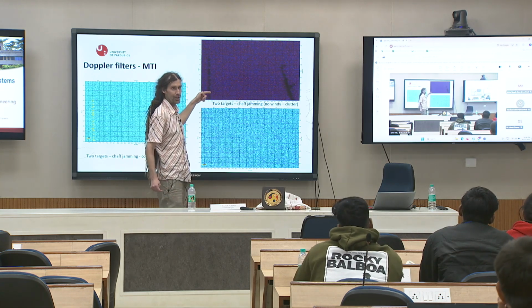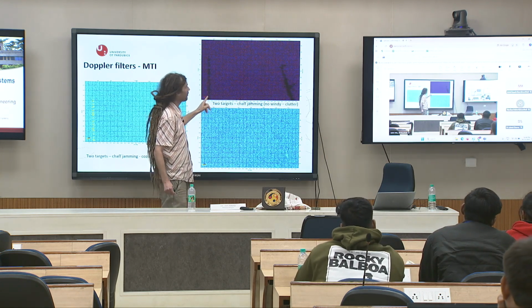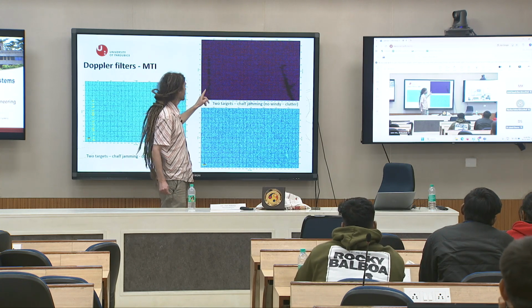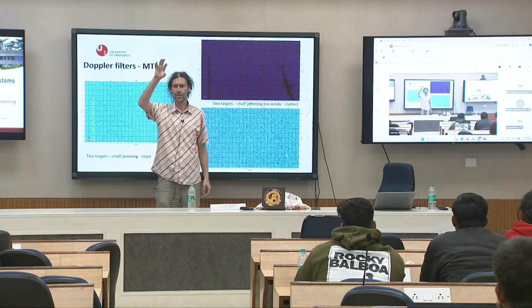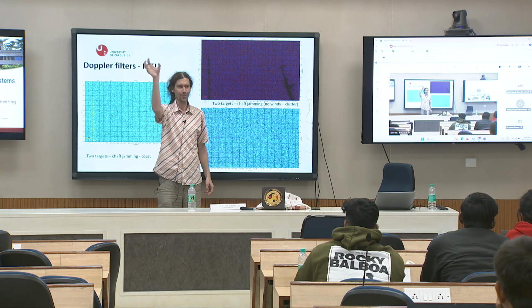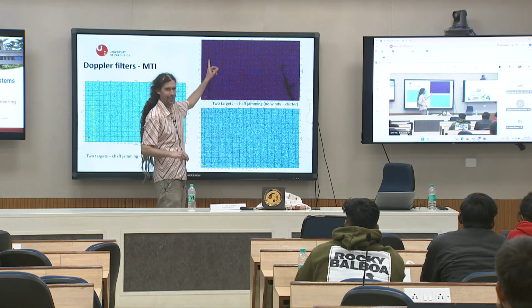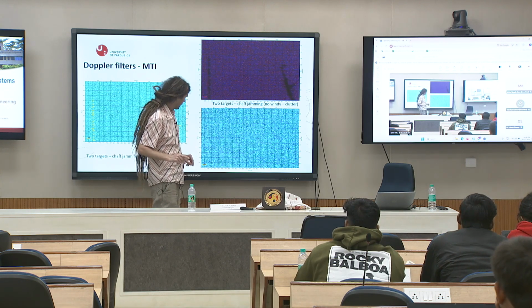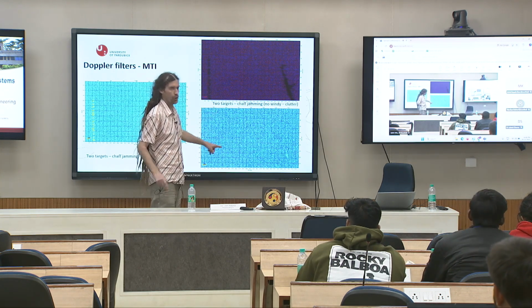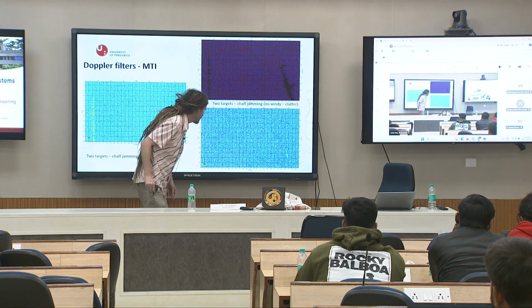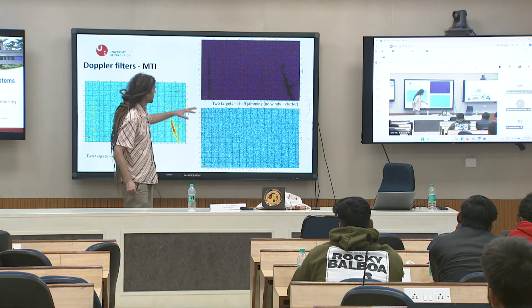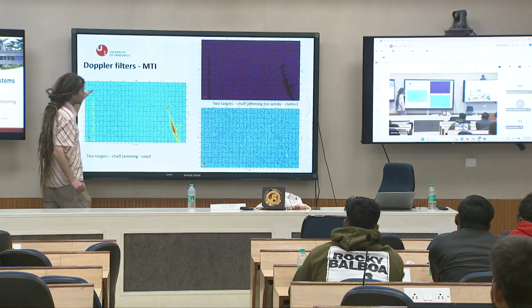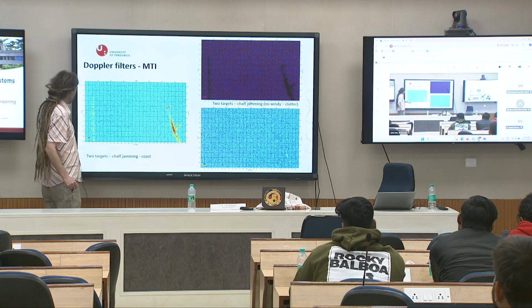This jamming, you can see after MTI, MTD, at zero Doppler shift. It means there is no movement of this chaff, so you can see it there. And this is the output from the MTD filter, and I don't know at which speed, I am sorry, but imagine this is the whole picture.